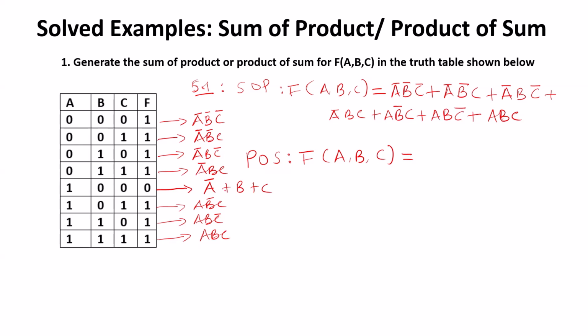That corresponds to just one cell that returns 0 as the output. So in this case, our product of sums is A bar plus B plus C.